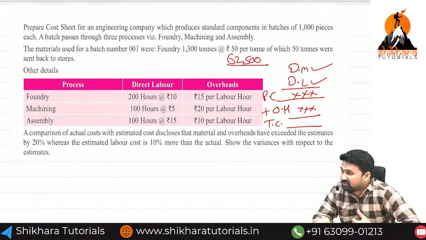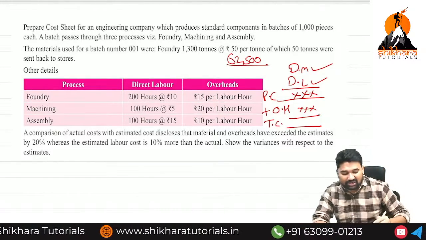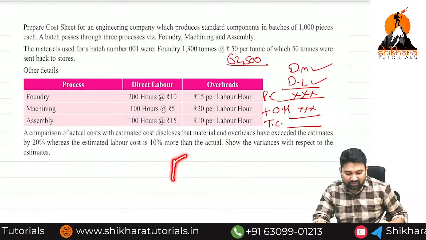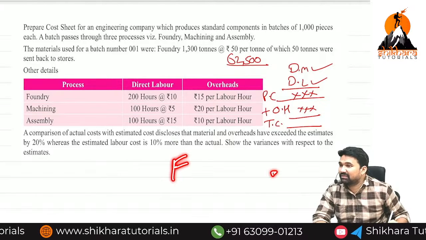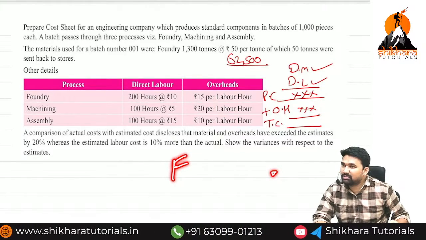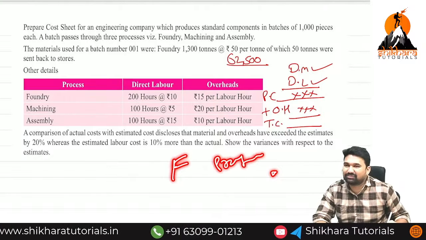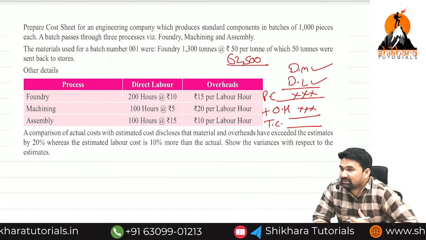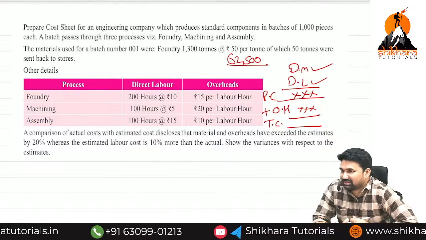This is a favorable situation, and we will denote this situation with F. F means favorable. Favorable means profitable, a kind of profitable situation.